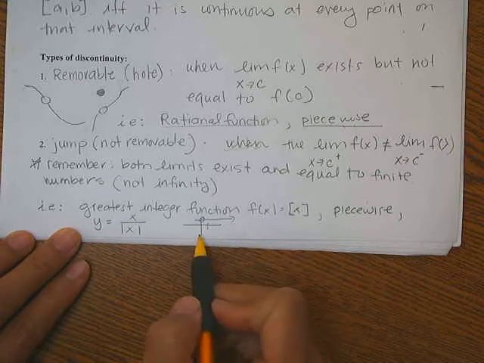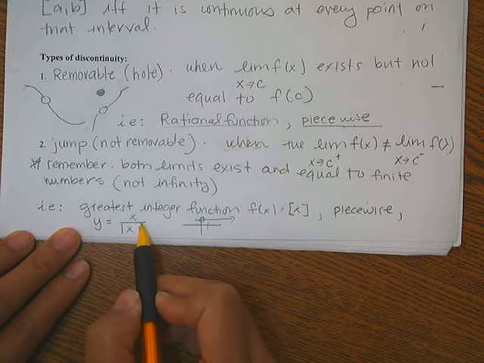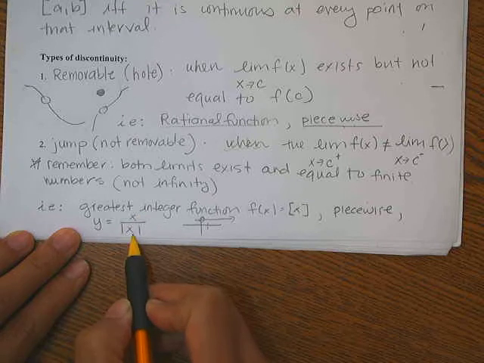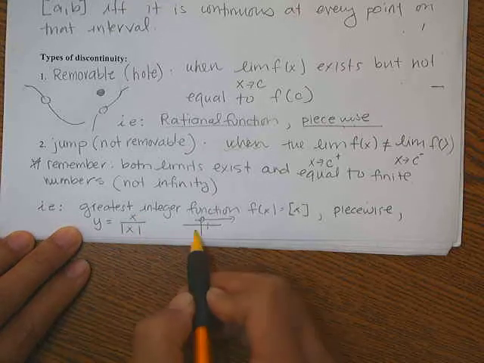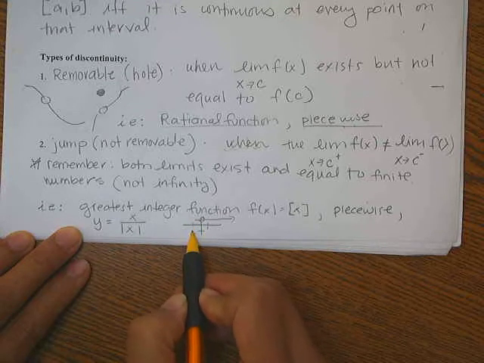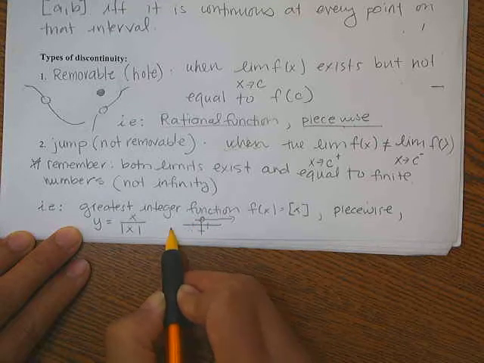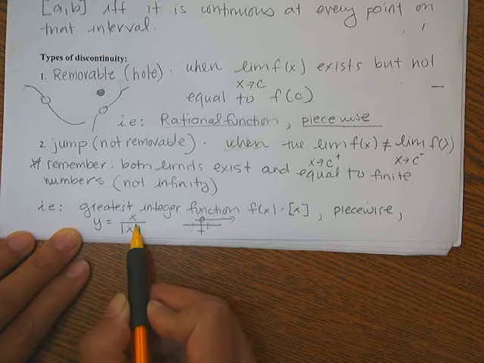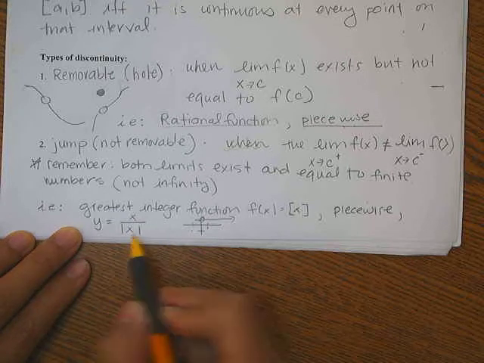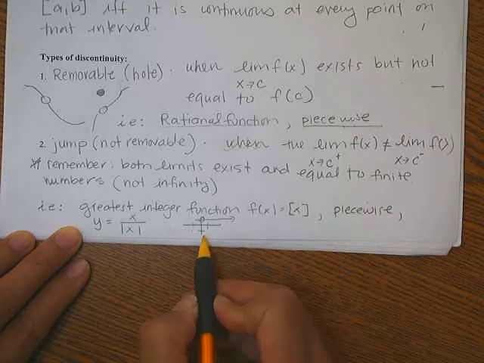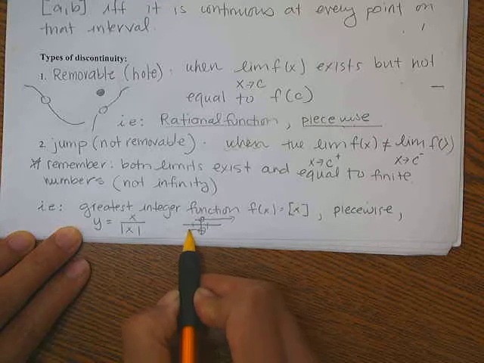Now, how about when x is negative 1? Negative 1 divided by absolute value of negative 1, and the denominator is positive, so I'm still going to have a negative value. So from here I'm going to go this way, because negative 2 divided by positive 2 is still negative 1. But again, at 0, it's undefined.